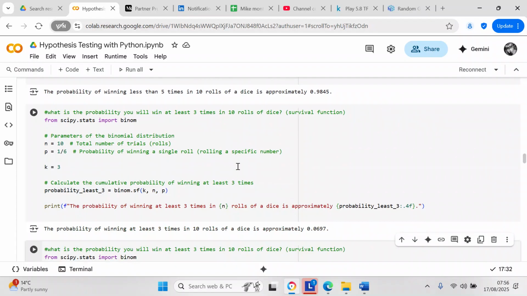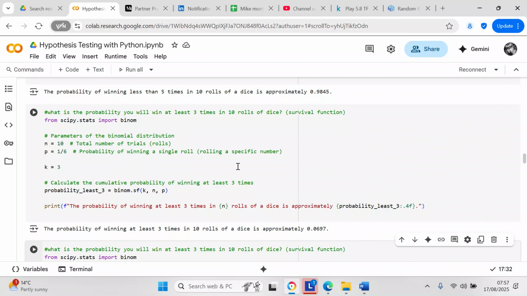Now we're talking about the survival function. What is the probability you will win at least 3 times in 10 rolls of dice? And that's your survival function. So from scipy.stats, we're going to import binom. In the parameters of the binomial distribution, n equals 10, that's your total number of trials. p, that's your probability, equals 1/6, the probability of rolling the number on the die that you would like.